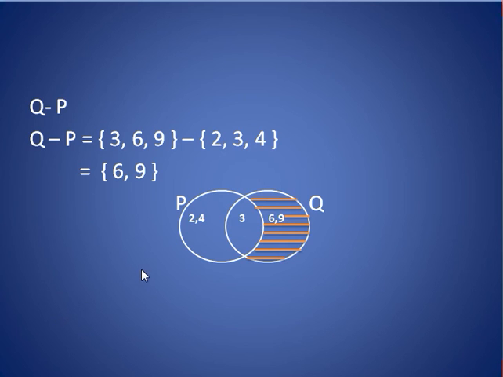Now students, again we have two sets. 3 is common in both sets, so these show overlapping sets.